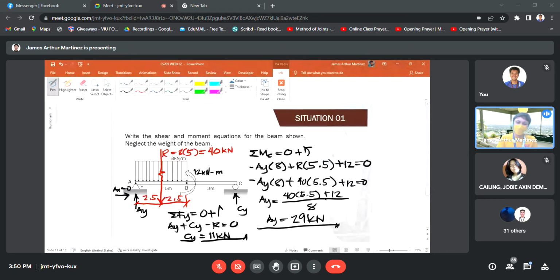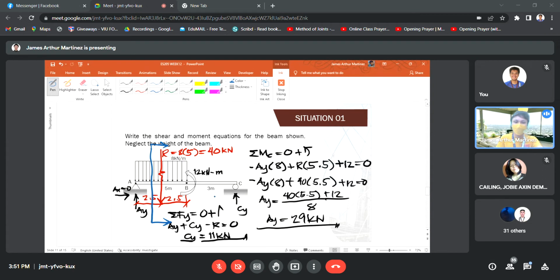So let us begin with A to B. Let's say we cut at this point. Then the side you consider is of course the convenient one, the one that is easier to solve. In this case, if we consider the right side, we have a lot of reactions and forces to consider.